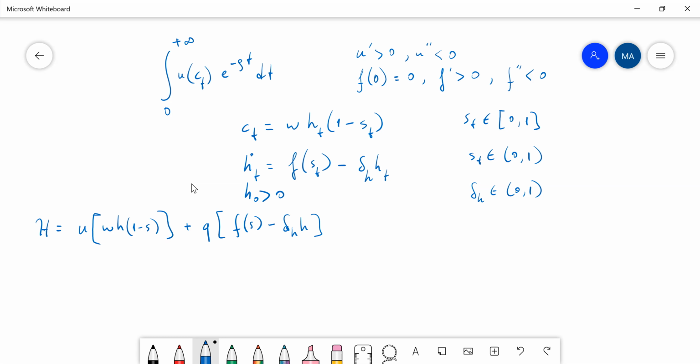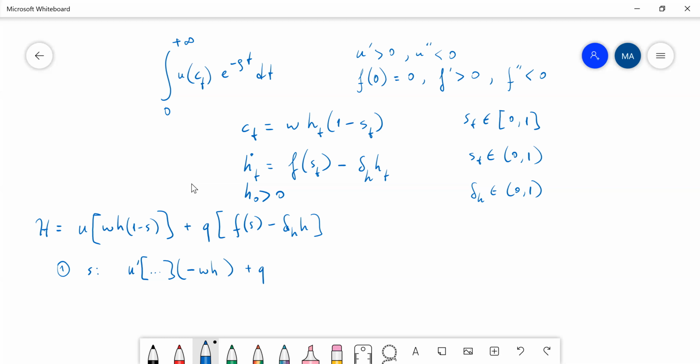Okay. So what is your control variable here? Your control variable is s, right? You choose how much to spend on the job training. So the derivative here is U prime, then you have the derivative of this with respect to s, so it is minus wh, right?